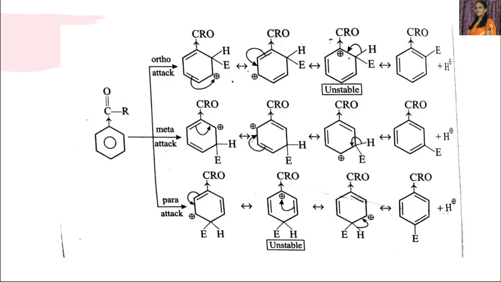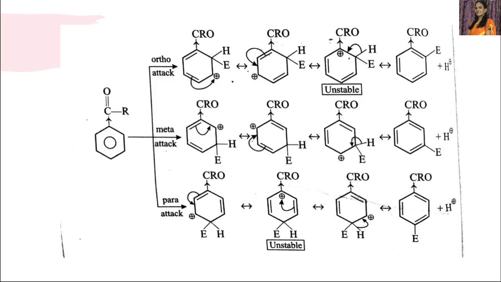So if the electrophile goes to the ortho position, then at the ortho position a new sigma bond is formed between this particular carbon and the electrophile, and the adjacent carbon gets the positive charge. It is delocalized with the help of the two pi bonds in the ring. So the third carbon gets the positive charge in the other resonance structure, the fifth carbon in the next resonance structure, and the first carbon. To the first carbon, the COR group is attached.